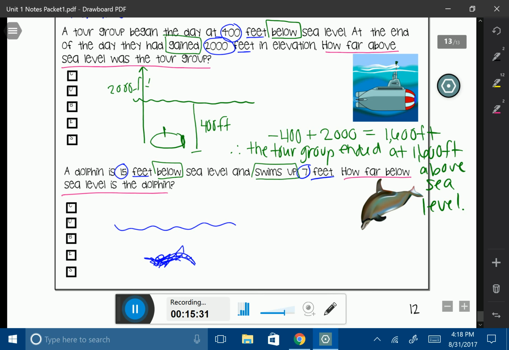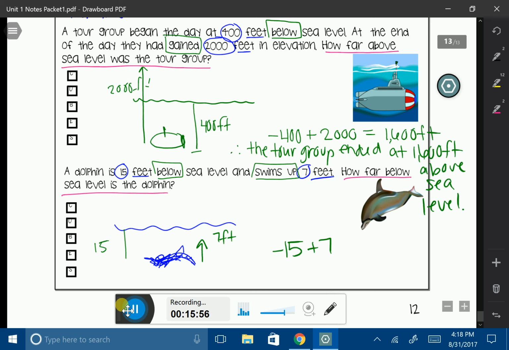So if we look at our dolphin here, he is 15 feet below sea level. And he is going to swim up 7 feet. So again, below sea level is going to be negative 15, and I'm going to add 7 to that. And when I do that, I'm going to end up in my negatives. Remember we talked about that trick between the negative 15 and 7.